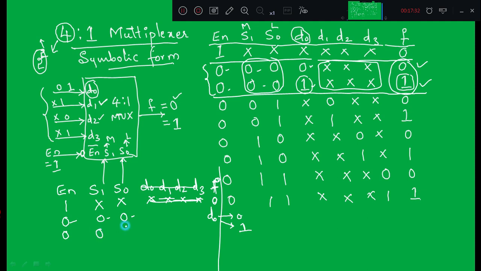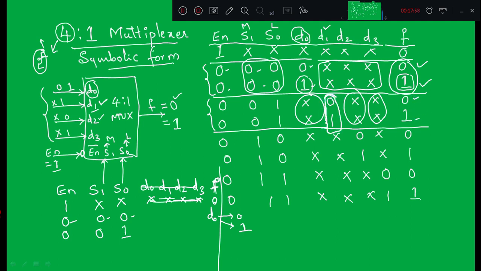So 0 1, where it is, in these two rows, right? So when select line is 0 1, multiplexer will select D1, and whatever may be the values of D0 D2 D3, it will not bother about these three inputs, right? So output will vary according to what?